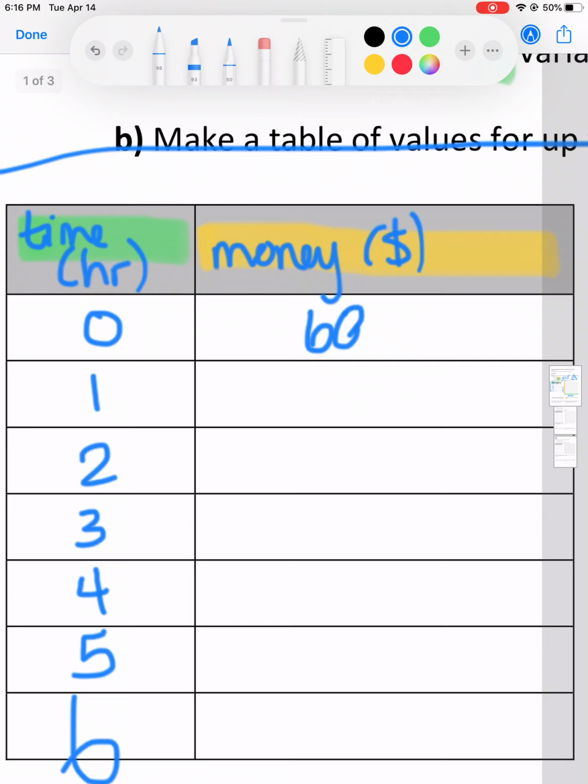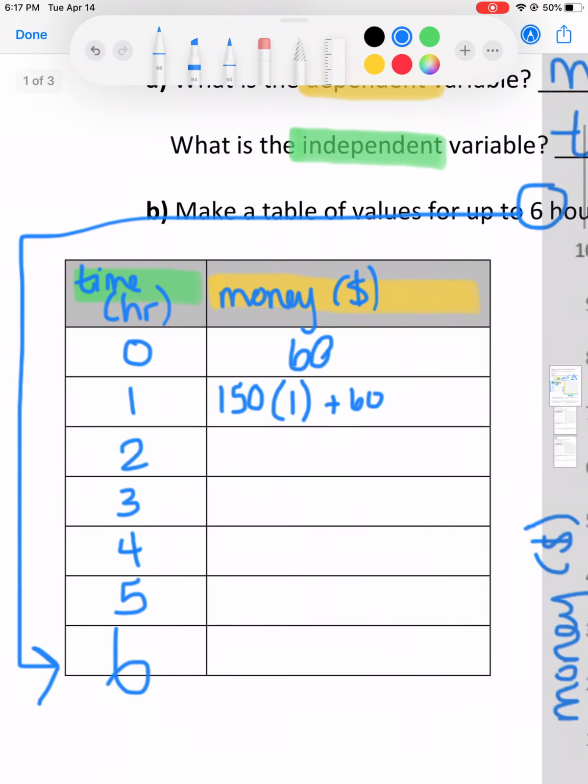So $150 times 1, because that's the time that I'm calculating it for, plus 60. 150 times 1 is 150, plus 60 is 210. If you're not sure, go through the calculator. I'm hoping that you guys can see where my 1 is coming from.